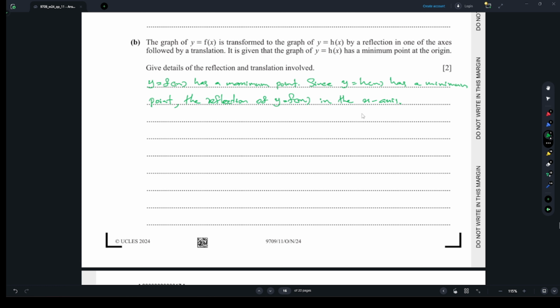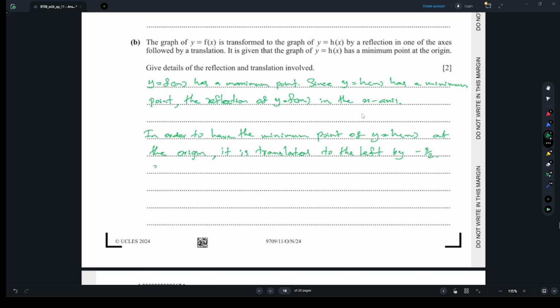Then we have the minimum point at the origin, right? So in order to have the minimum point of y equals h(x) at the origin, it is translated to the left by minus 3 over 2.